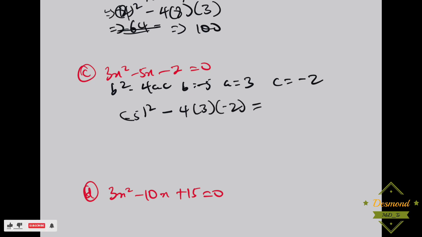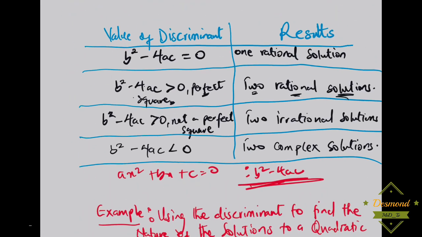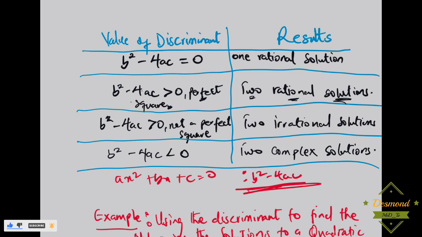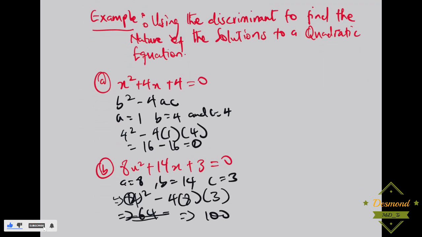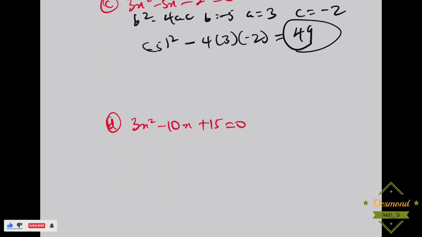When you calculate that, we should get 49. Now 49 is a perfect square, so going back to our table, we get something greater than 0 and also a perfect square. Therefore, we are going to get two rational solutions.